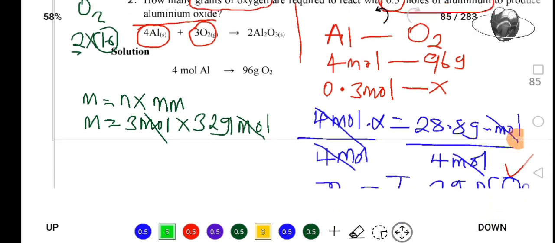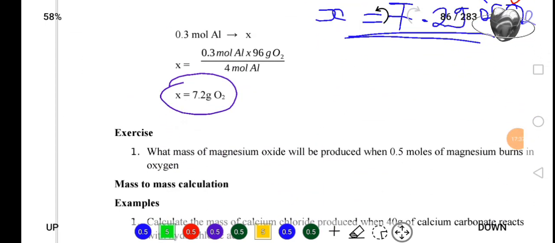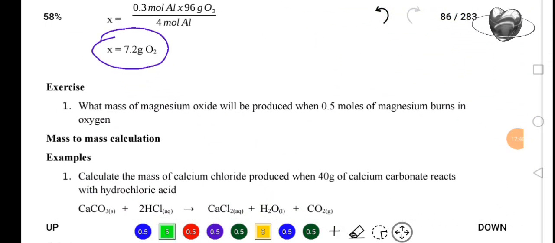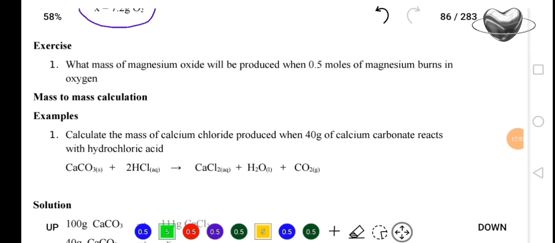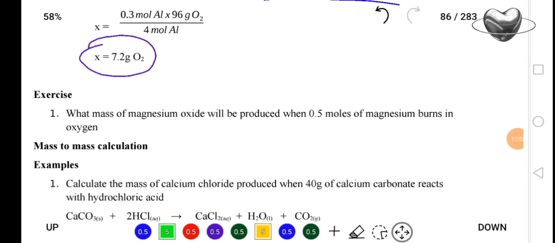Looking at the exercise, as usual, I am not going to answer this exercise. Definitely what I can do is to give you an expected answer if at all you are going to answer this question accordingly. So the question is, what mass of magnesium oxide will be produced when 0.5 moles of magnesium burns in oxygen?